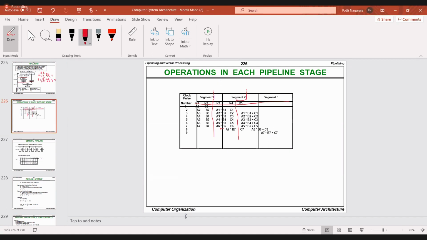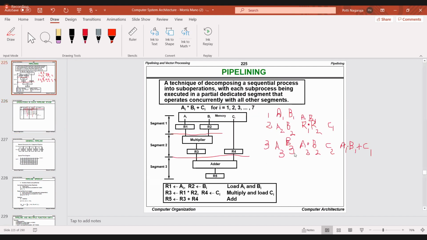Now can anyone assume the fourth clock cycle, otherwise the third clock cycle, how many operations am I doing here? I am taking A3 B3, one work. This is one step. A3 B3 I am doing in segment 1. So in segment 1, I am reading A3 B3 into R1 and R2. That is the first operation.